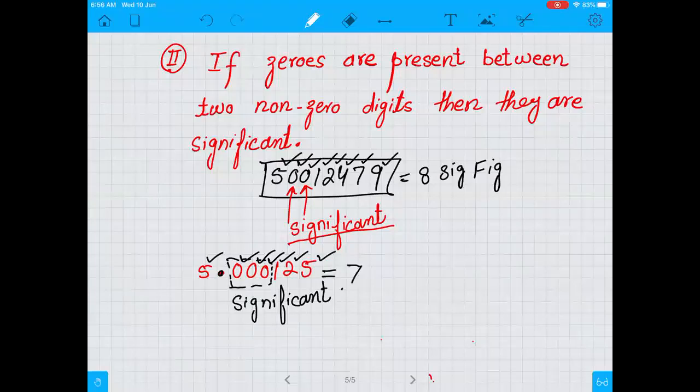So the given number has 7 significant figures in it. So when you have zeros between two non-zero digits, they are significant.